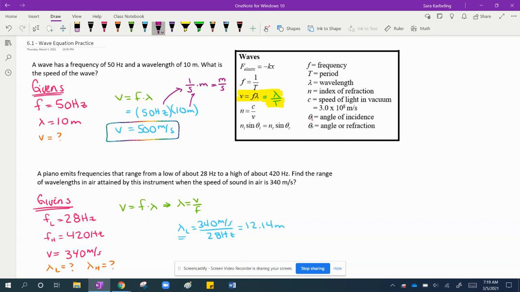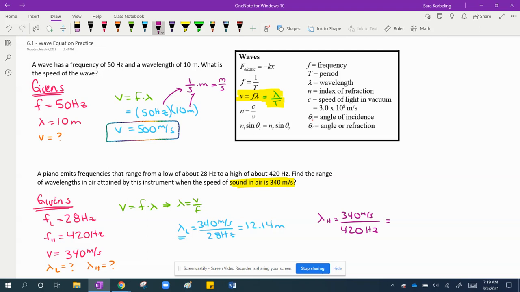And then let's do λ_H. It's going to be the same process. So that's going to be 340 meters per second again, because, and this is very important, the speed of sound in the air, the medium, hasn't changed. And if the medium doesn't change, then the speed doesn't change either. So 340 meters per second divided by, this time, 420 hertz.